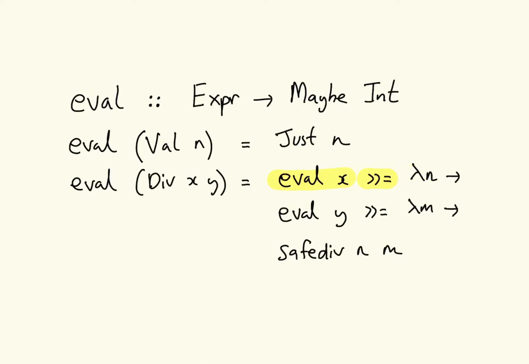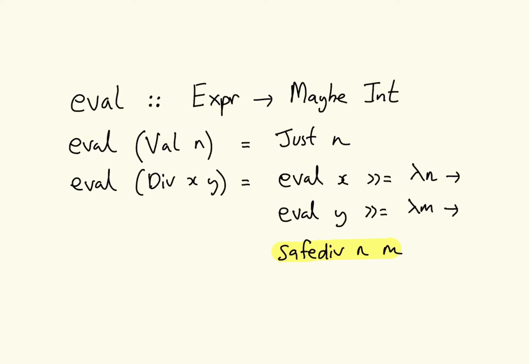So then in the second line, we're going to evaluate the second parameter y. And again, that could fail, and sequencing will deal with that automatically for us. But if it succeeds, we're going to call the successful integer result value m. So if we get down to the final line now, where we're calling safediv, we have two integers, n and m, and then we can just divide one by the other using safediv.